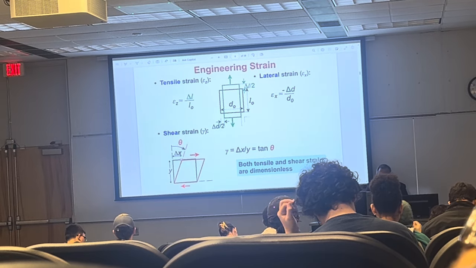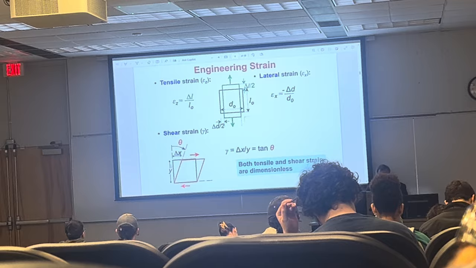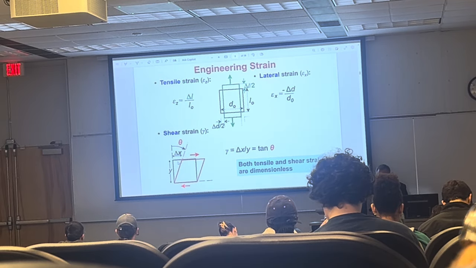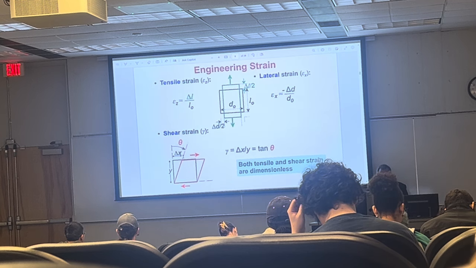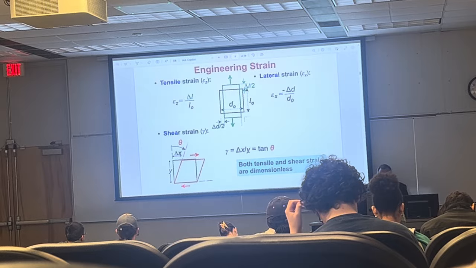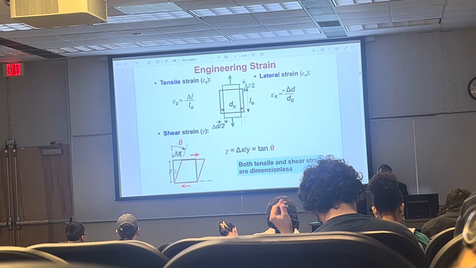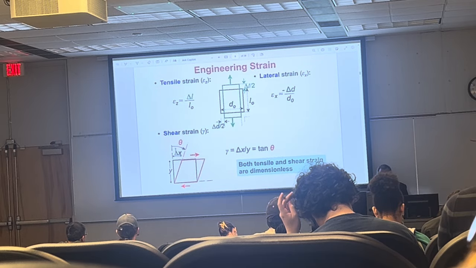The shear strain gamma, you can see this was a square before, and it was sheared by the amount of delta x. So then the shear strain gamma is equal to delta x divided by y, and it's also equal to tan theta, and theta is this angle here.